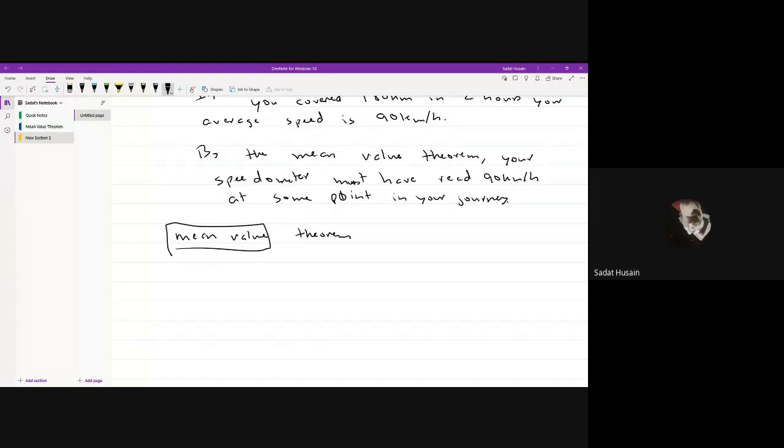If you cover 180 kilometers in 2 hours, right, then what is your average speed? 90 kilometers per hour. Definitely. Then the average speed has to be equal to the instantaneous speed at some point.